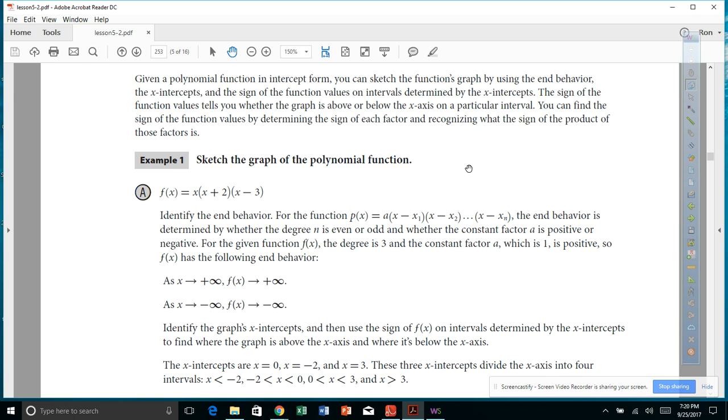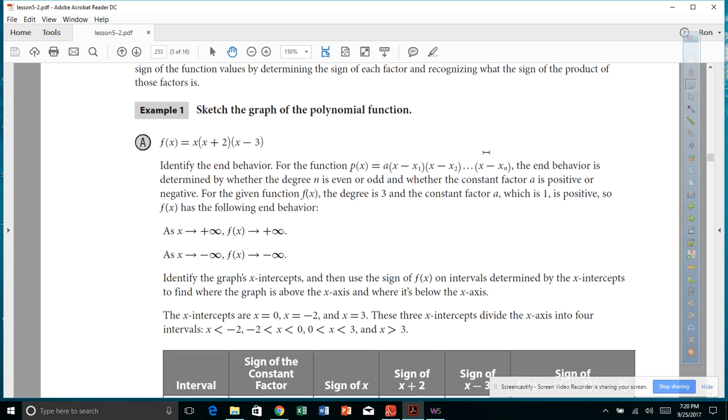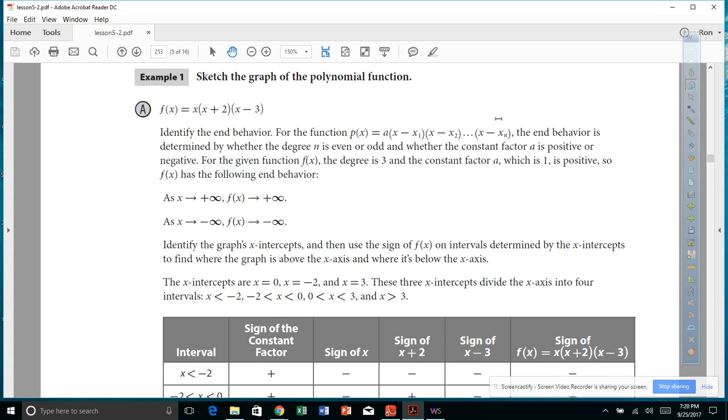You can find the sign of the function values by determining the sign of each factor and recognizing what the sign of the product of those factors is. Sketch the graph of the polynomial function f of x equals x times x plus 2 times x minus 3.